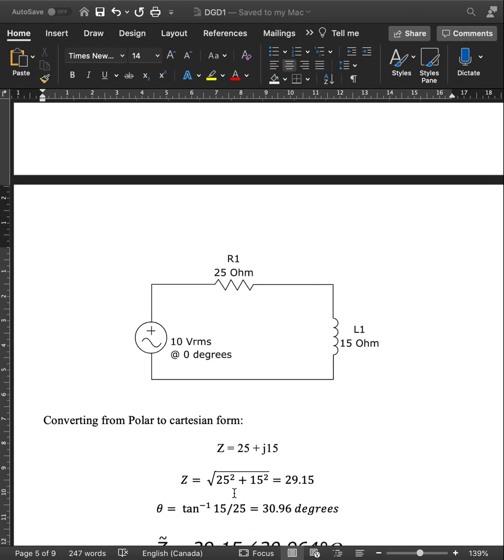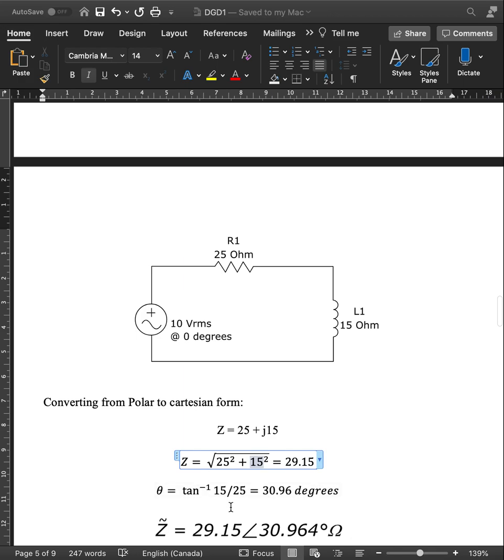So to calculate from here into the polar form, what we do is the square root of 25 squared plus 15 squared, which gives us 29.15. And to find the angle by which the current lags, since it's an inductance circuit, the current will be lagging in the circuit. To find the angle, we do tan inverse of 15 divided by 25.